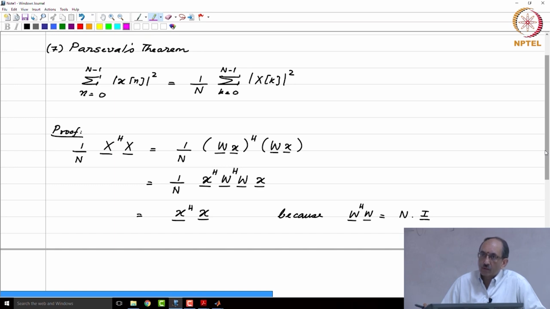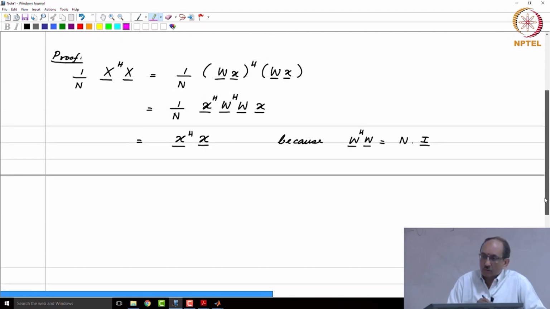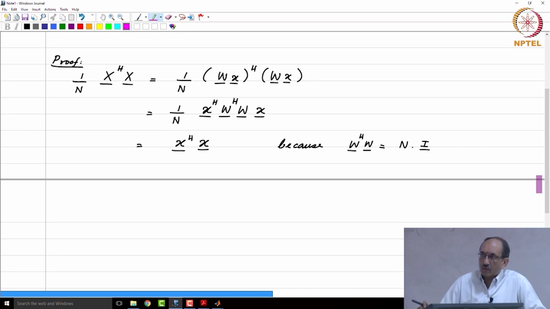So these are norm preserving transforms, and the DTFT also. If you recall the Parseval's relationship in the DTFT case, again you can split that 1 over 2 pi scale factor which was there in the inverse transform, you can split it as 1 over root 2 pi in the forward and inverse transform, and in which case it will be exactly norm preserving.